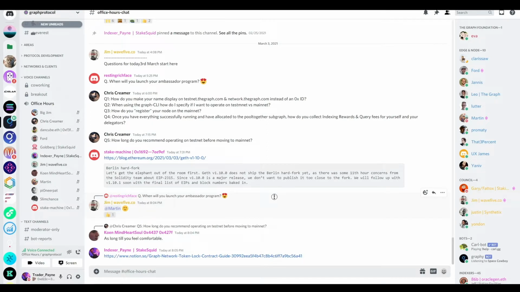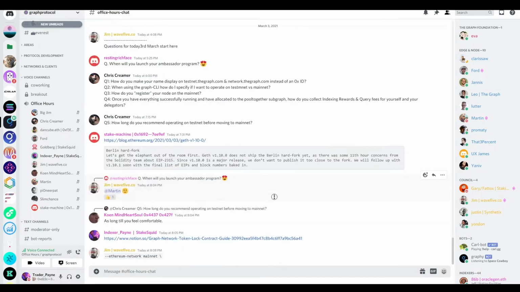Question number 3 is, how do you register your node on the mainnet? The indexer agent takes care of that. The first time you put everything up, the first transaction that it makes is to register on the network. It's automated as far as I know.